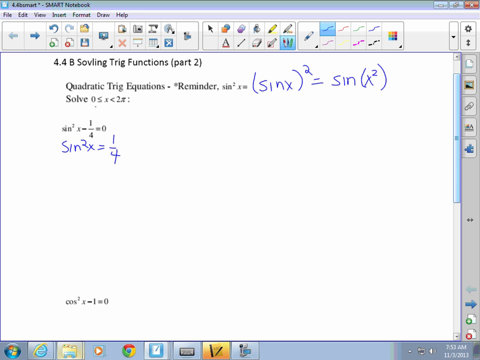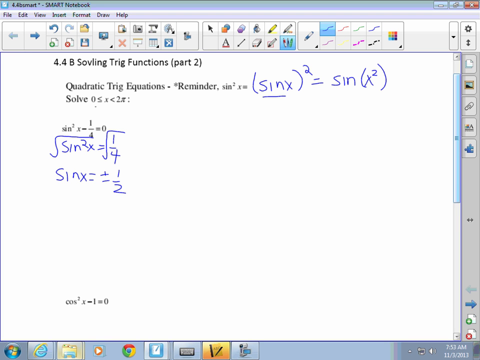I have a square of a value, so like I said, this is exactly the same as this, so all I'm going to do is square root both sides. So that means my sine x is equal to, and this part's important, plus or minus 1/2. So if I want to solve that, I have to figure out which quadrant this is and see if it is from one of my special triangles or my unit circle.